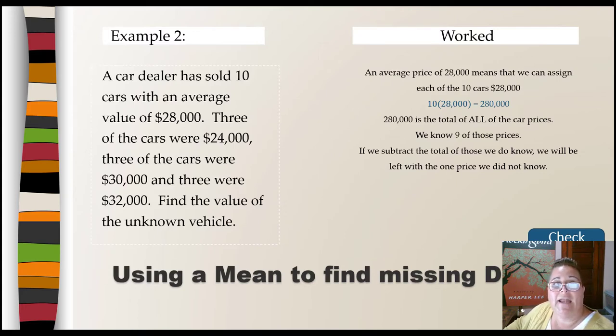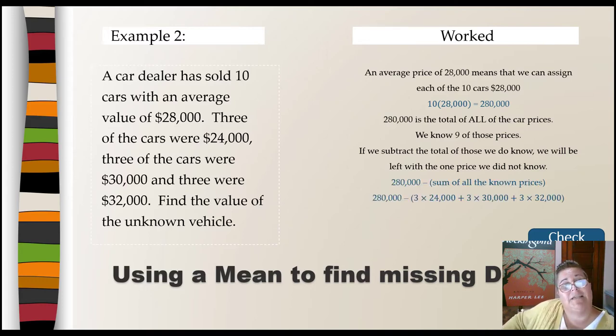So if I add up all of those known prices and subtract them from the 280K, I'm going to get the price of the car I didn't know. So adding those all up, I get 280,000 minus 258K, or $22,000 as the missing price.